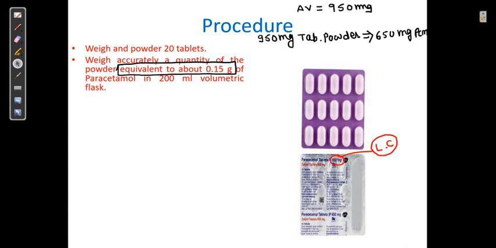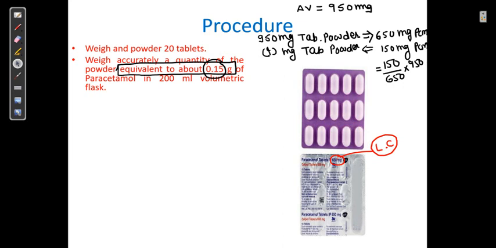So how much do we require? We require 0.15 gram, that means 150 milligram PCM. How many milligram of tablet powder is required? If we do the calculation, we get 150 divided by 650 into 950.